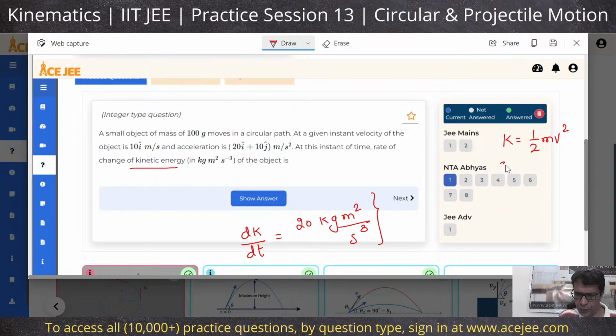So how would you write its rate of change? Can I write it like this? Half m 2v dv by dt. Yes? And what is this v? We're talking about speed here. So m v dv by dt.